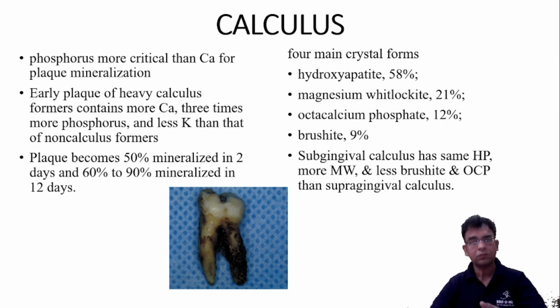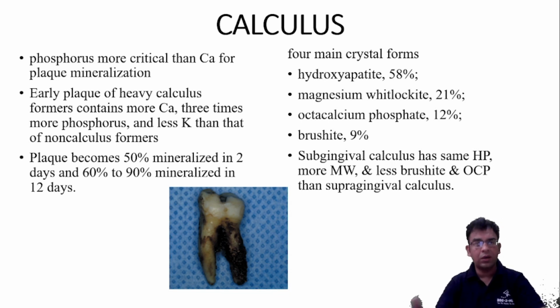So if while revising you find that you have difficulty in remembering that subgingival calculus has the same hydroxyapatite as supragingival but more magnesium whitlockite and less brushite and OCP, then you have to revise it again, and how phosphorus is more critical than calcium, although calcium is present in much more quantity than phosphorus.